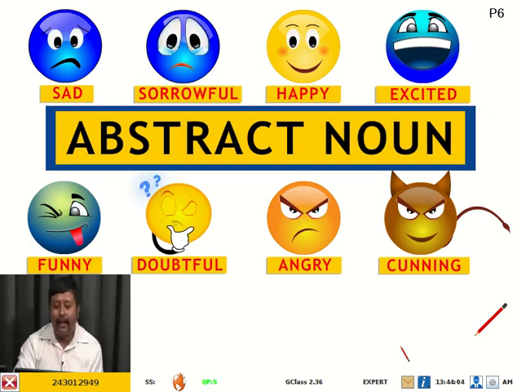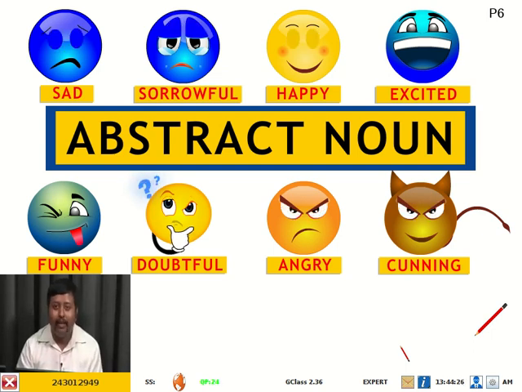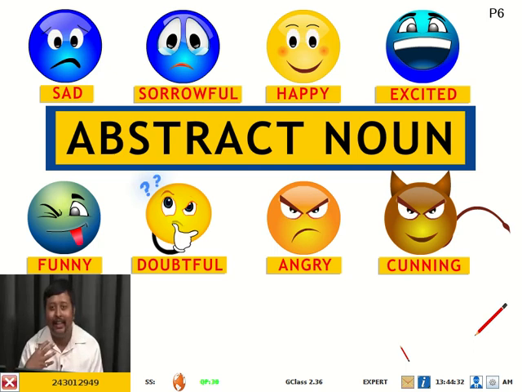of things are called abstract nouns. Now I'll explain to you all what an abstract noun is. Now if you look here at sad, sorrowful, happy, excited, funny, doubtful, angry, cunning, do all these things have physical shapes? If we go to the market, can we buy them, saying this is sad, if I take this I will be sad, this is happy, if I take that I'll be happy?